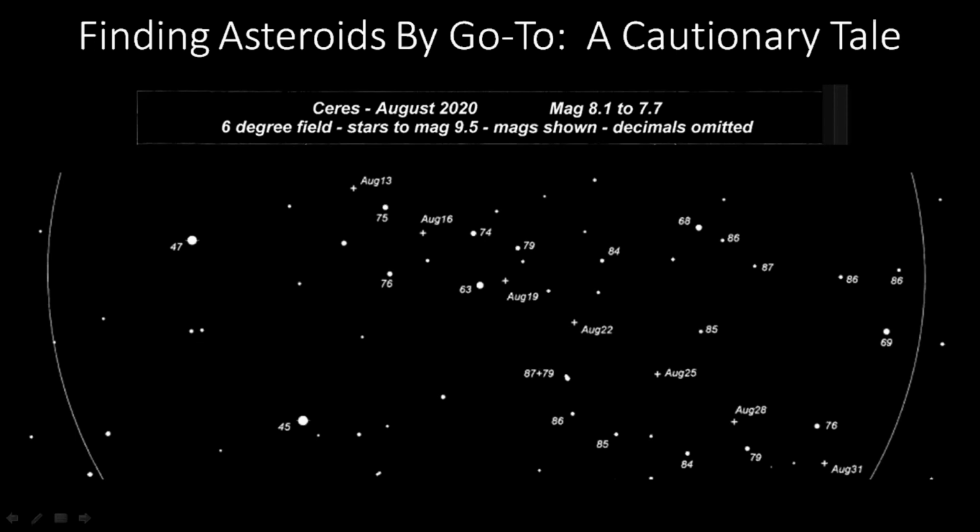There was a guy a few years ago who was at a gathering, and he sent an email around to everyone talking about how he had shown so many people Ceres in his telescope that night, and how everyone was very impressed with its pretty blue-gray color.